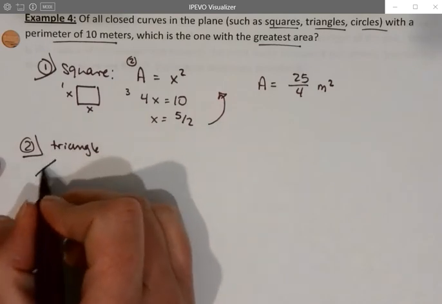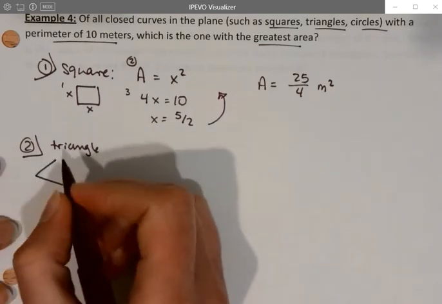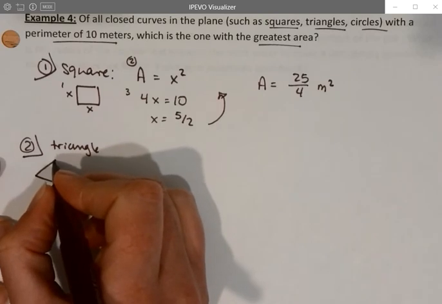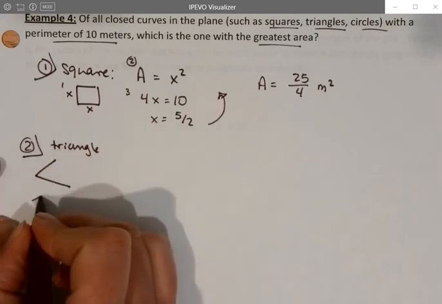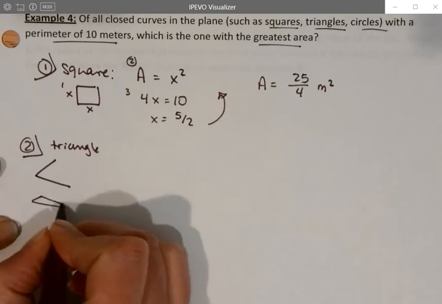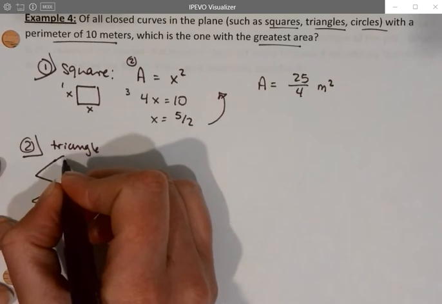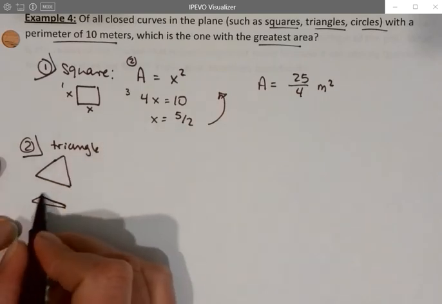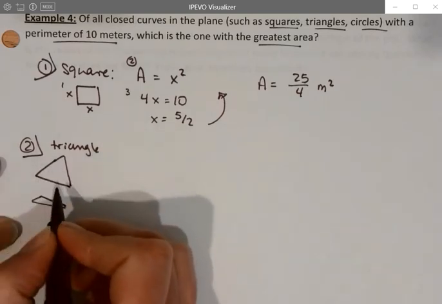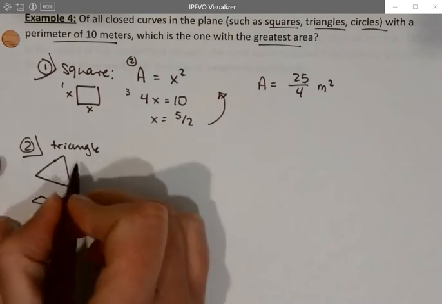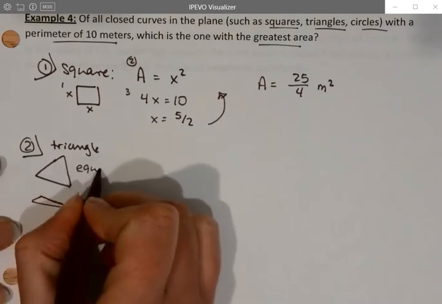If you draw a triangle that has one really short side, hopefully we'll notice that its area is not going to be as big as a triangle that has sides of the same length. So the triangle that's going to have the largest area is the equilateral.